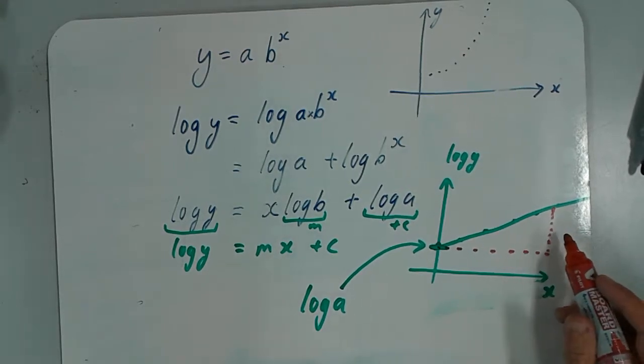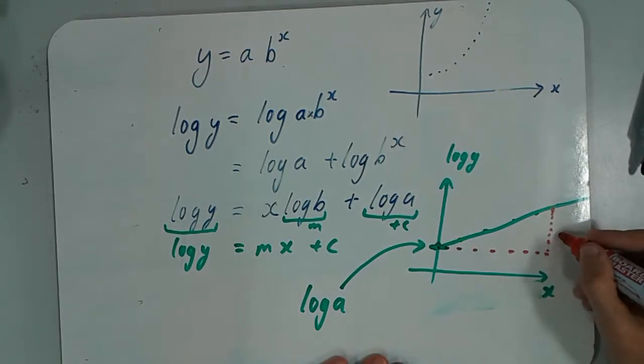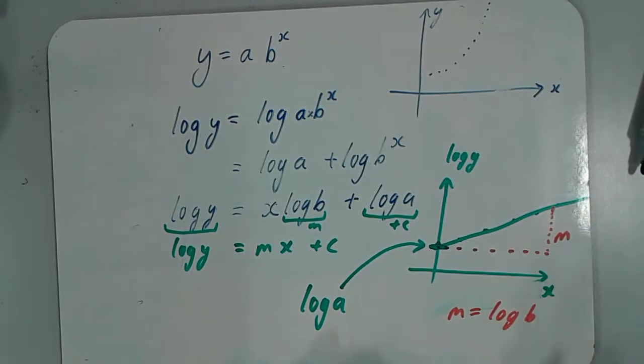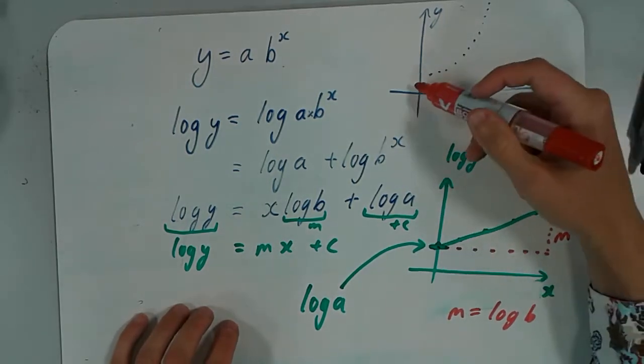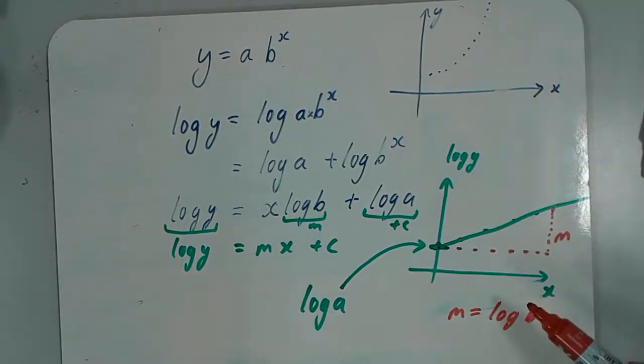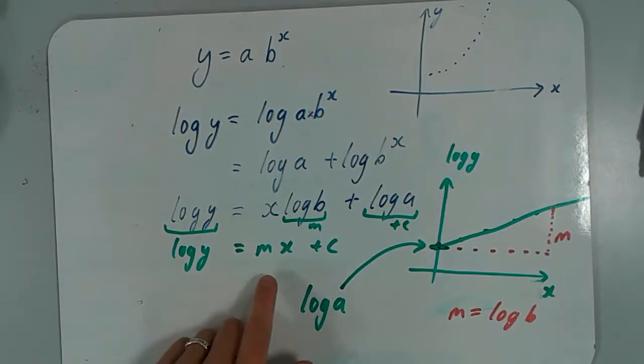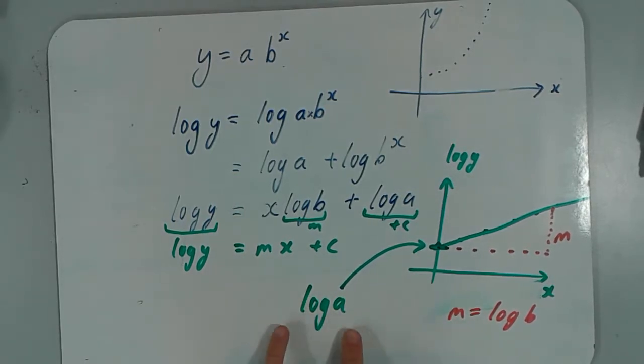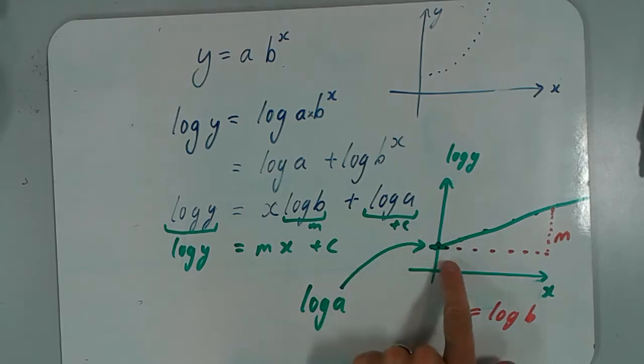Finding the gradient of this line, that will be our m, and m will equal log of b. So that's the idea. We're going to take an exponential graph and linearise it so that we can look at things in terms of log y equals mx plus c, noticing that log a is our y-intercept and m, our gradient, is log b.